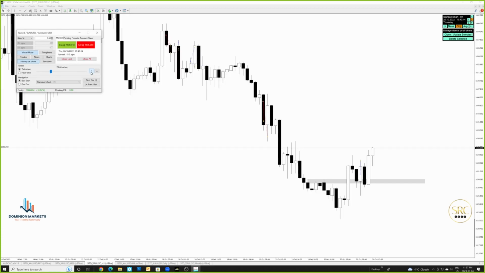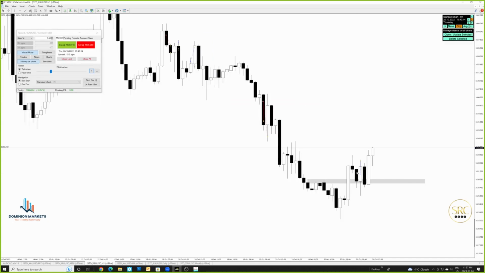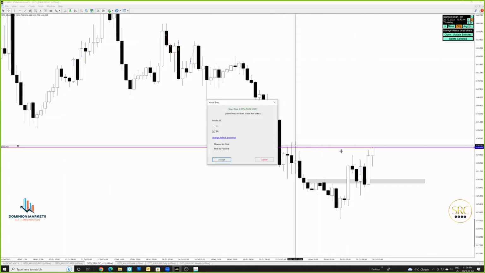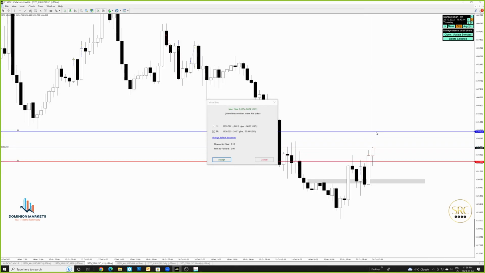Yeah, right there. Impulse entry long since the 30-minute candle was broken. Yes, the 30-minute candle was broken. That's correct. But then we had the 1 hour wick right here, which is why I'd be much better off taking a buy when we got that 1 hour wick to be broken, maybe.